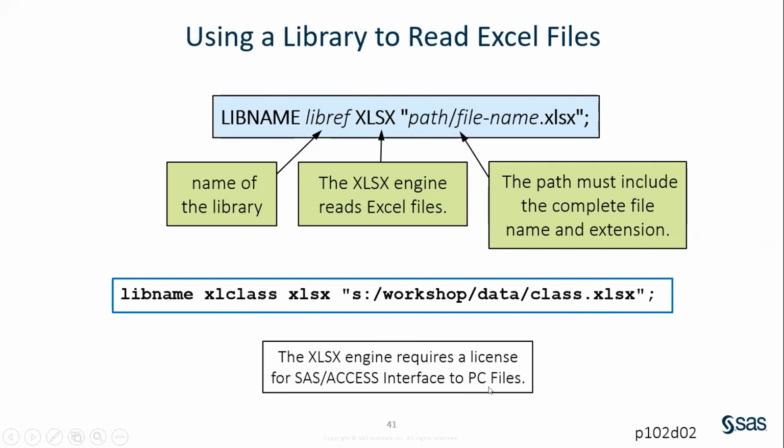Why they have given this note is, remember SAS is proprietary software, as we discussed earlier. When we are working with non-SAS files, there are certain software components which get connected to those data files. Those are called engines. Nowadays the software comes with a default engine for Excel.